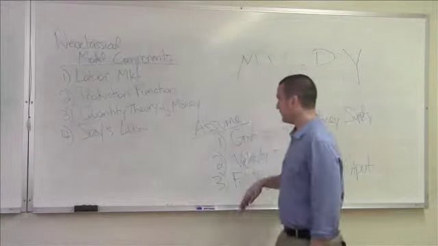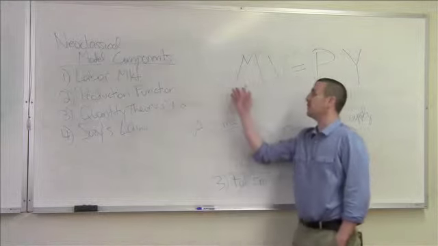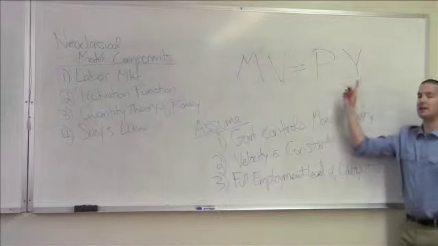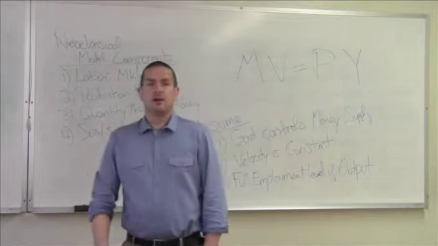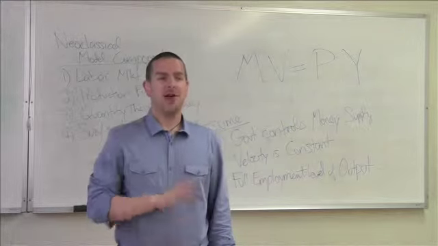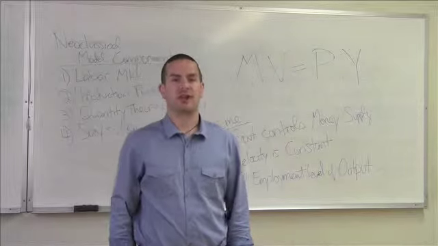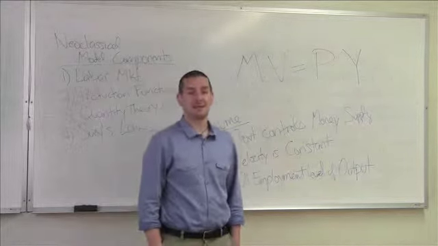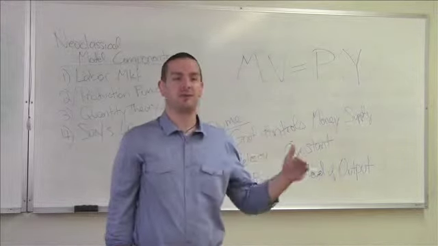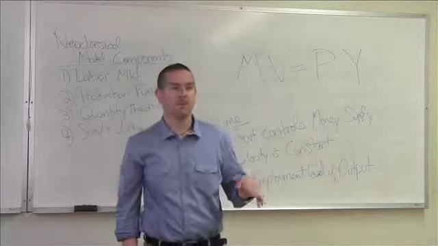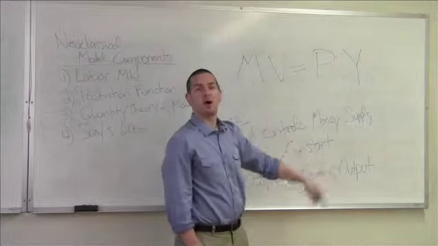Now, the quantity theory of money in and of itself is this equation, MV equals PY. I'll explain what the variables stand for in a second. It is an identity. An identity is something that's true by definition, such as 2 plus 2 equals 4. I agree that MV is equal to PY.